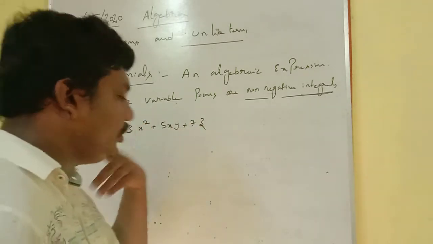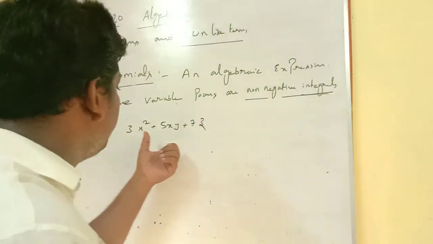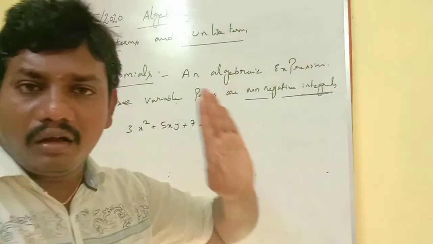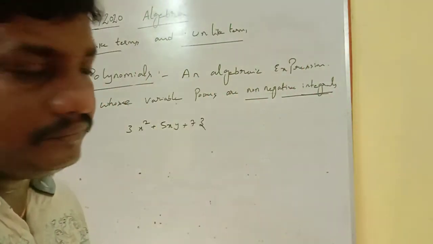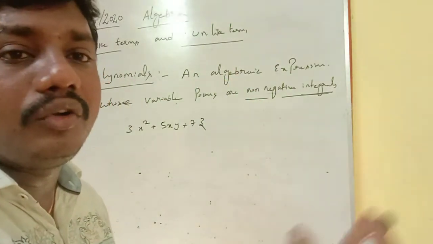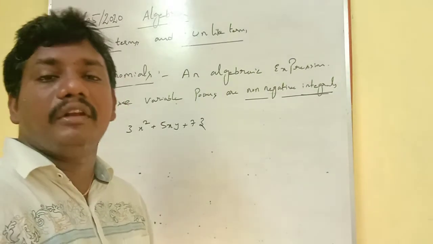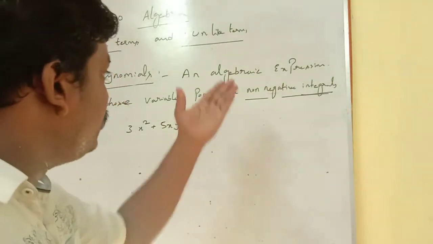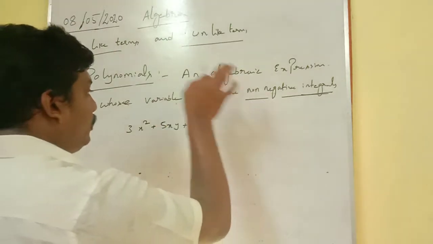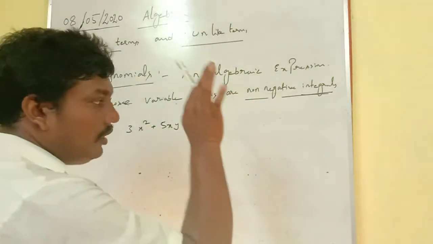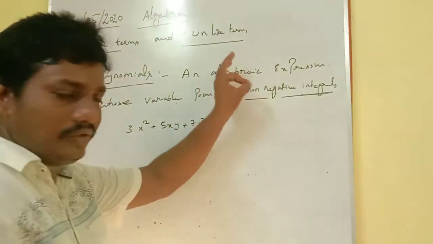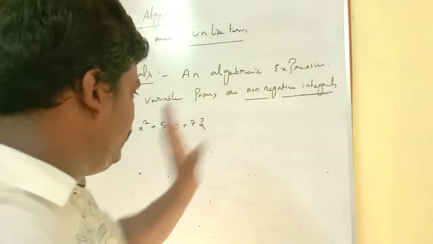This is a polynomial and also an algebraic expression. Yes, every polynomial is an algebraic expression, but every algebraic expression need not be a polynomial, because only an algebraic expression whose variable powers are non-negative integrals is called a polynomial.